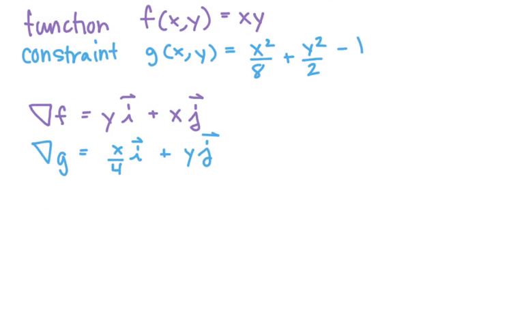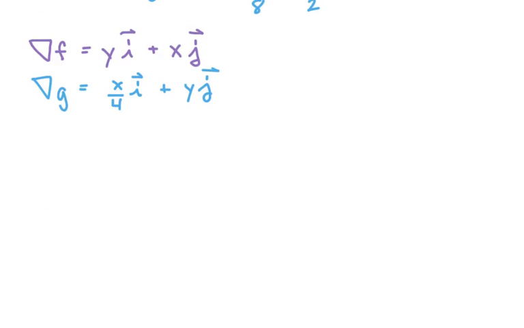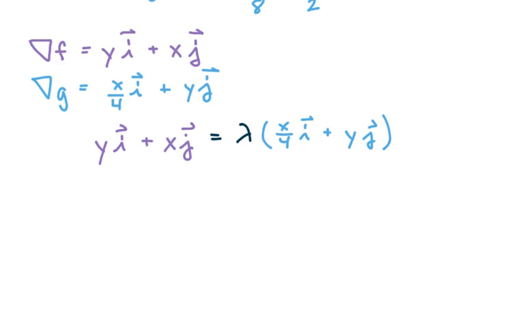Working through this and setting this up with my lambda equation, I know that y i plus x j equals lambda times the gradient of g, x over 4 i plus y j. So that creates my system. I can see that y equals lambda over 4 x and x equals lambda y.